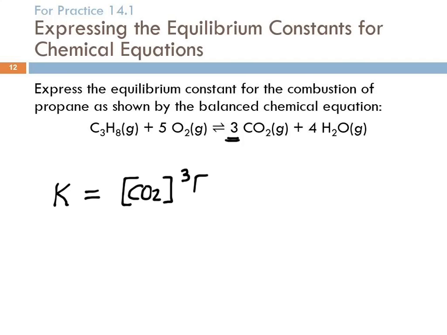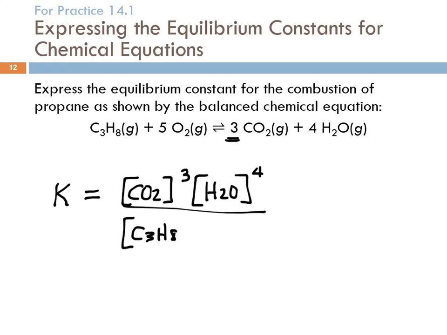And that's multiplied by the concentration of the other product, raised to what exponent? 4. And that's divided by reactants. C3H8. The coefficient is 1. And oxygen to the 5th power. That's it.